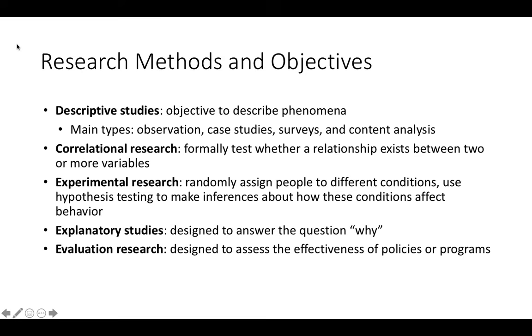Or when one variable goes up and the other variable goes down, that is also a relationship, noted as a negative correlation. Okay, you've got experimental research, which is randomly assigning people to different conditions. Use hypothesis testing to make inferences about how these conditions affect behavior.